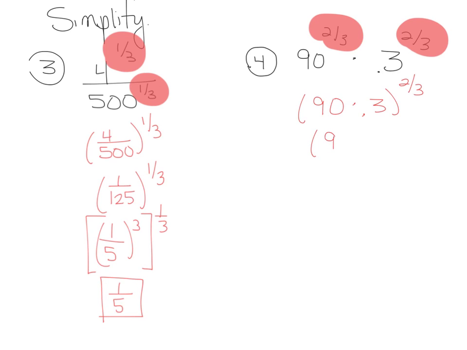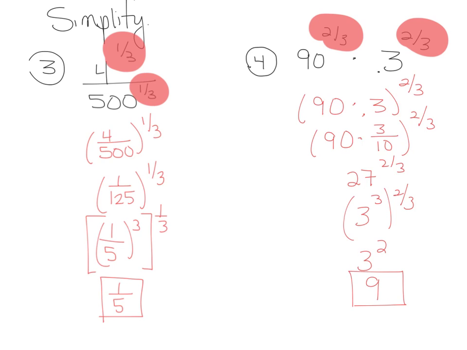I've seen it before. It's 90 times 3/10 to the 2/3. 10 divides into 90 nine times, 9 times 3 is 27 to the 2/3. 3 cubed to the 2/3 is 3 squared, or our 9. Feel free to pause if I'm going too fast.